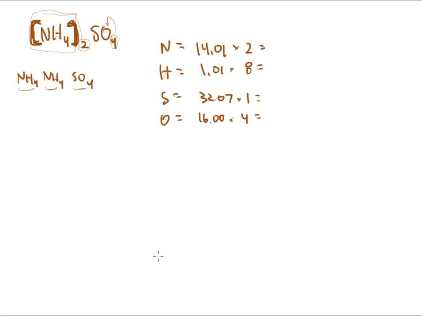Okay, so now I do the math that's associated with each one. I break it down by the steps. 14.01 times 2 is 28.02. 1.01 times 8 is 8.08. 32.07 times 1 is 32.07.